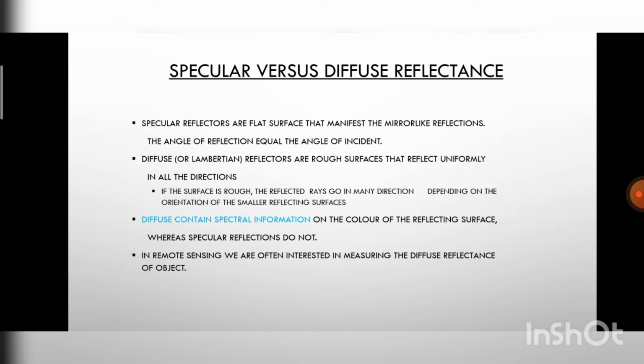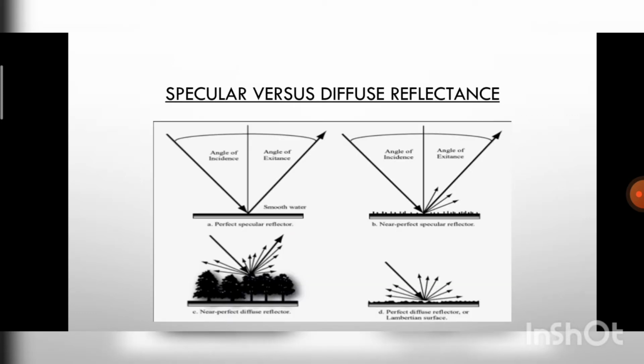If the wavelengths are much smaller than the surface variations or particle sizes that make up the surface, diffuse reflectance will dominate. The reflectance characteristic of Earth's surface features may be quantified by measuring the portion of incident energy that is reflected.